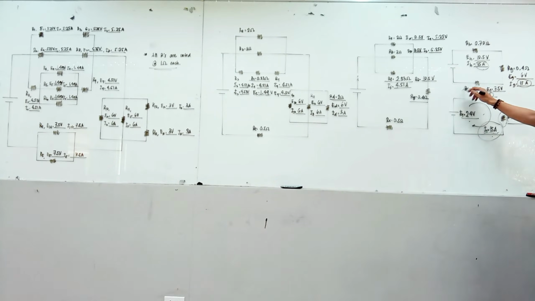So you have your resistances, you have your currents, so you could solve for the voltage. It is simply I times R. We multiply and get EH 10.5 volts, EG 6 volts, and EE 7.5 volts.